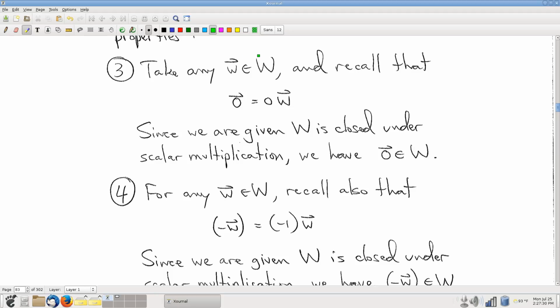If you take any vector in W, any vector at all, we know by being closed under scalar multiplication that if you multiply by any scalar, for example 0, the result must also be in W. And because anything times the scalar 0 must be the 0 vector, we conclude that the 0 vector is in W, as property 3 requires.